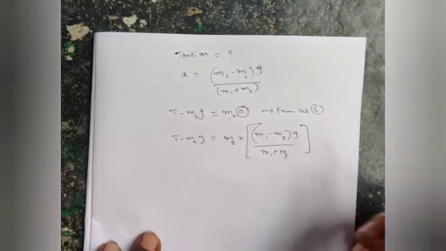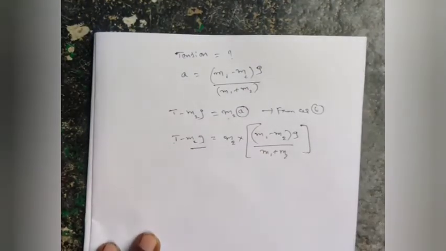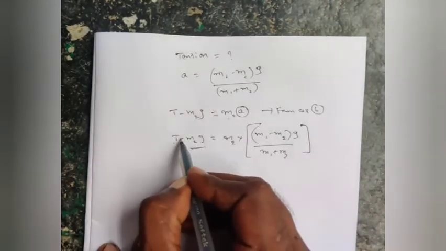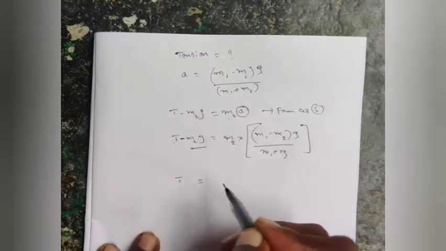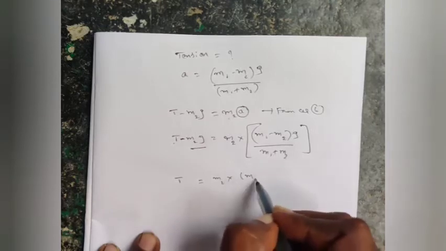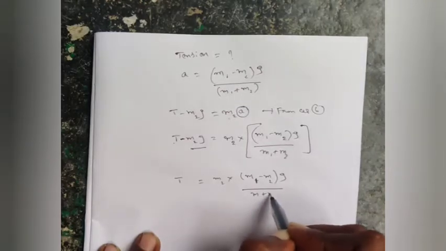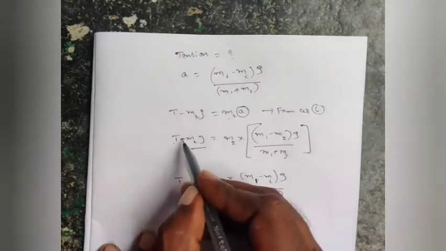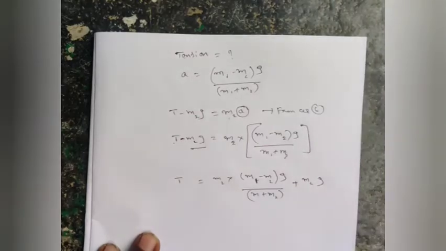Now I want only the tension. Send the m2g term to the RHS. It is minus here, so on the RHS it becomes plus. Therefore tension equal to m2 into (m1 minus m2) into g by (m1 plus m2), plus m2g.